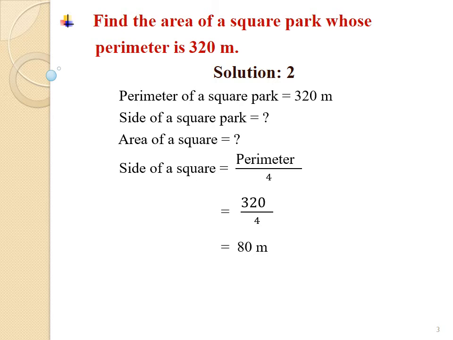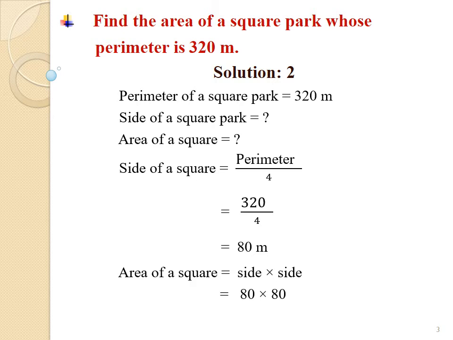Now, let us find the area of a square park. We know that area of a square park equals to side into side, which is equal to 80 into 80.